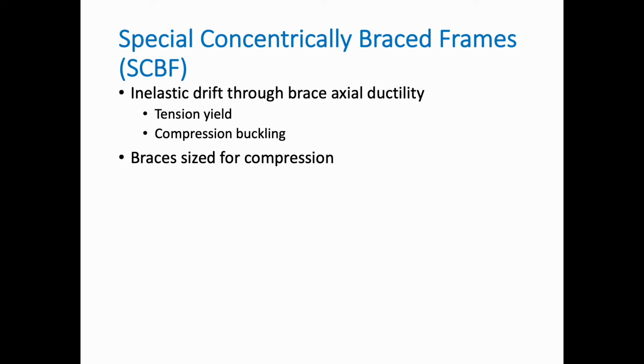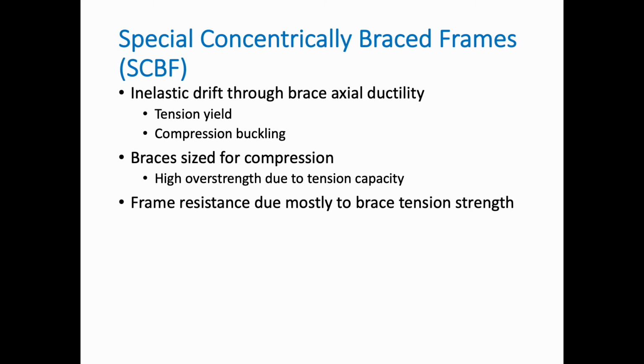So in terms of design, the braces are sized mainly for compression, and this is because the compression capacity is lower than the tension capacity of the braces. There is a high overstrength due to tension capacity. Of course, you can imagine that if you design for compression and that is high, the tensile capacity will be even higher.